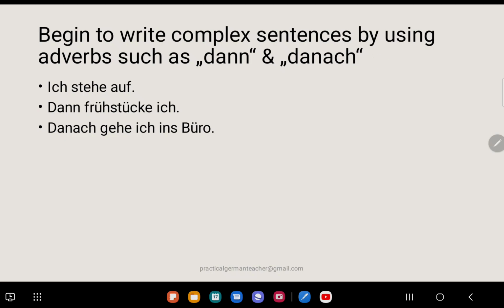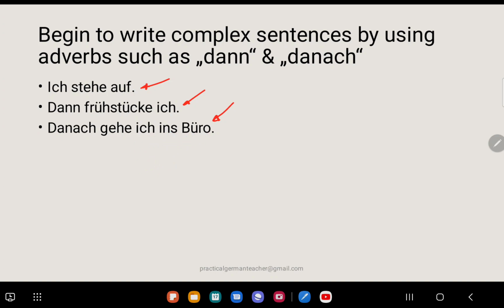Then also, because I want you to start journaling in German, when you journal, let's say the first thing that we do in the morning is that we get up, then most of us have breakfast, and then you may go to office or start working from home. So you can say "Ich stehe auf, ich frühstücke, ich gehe ins Büro."